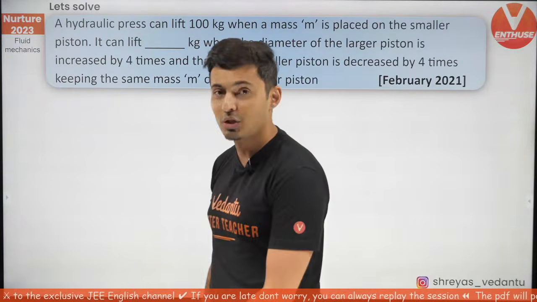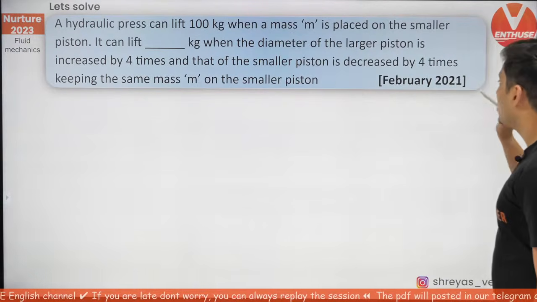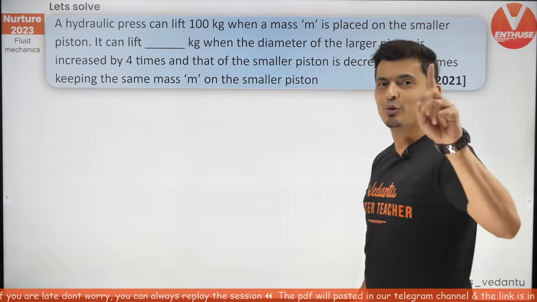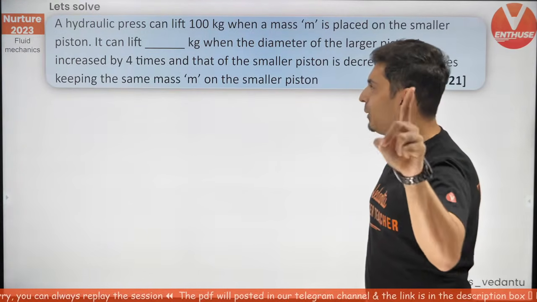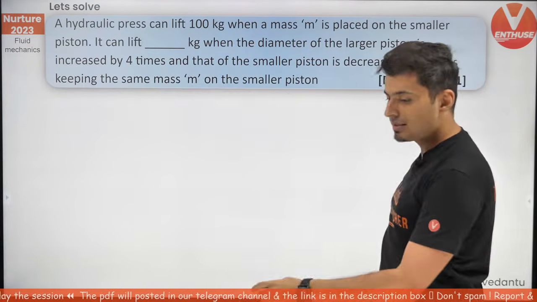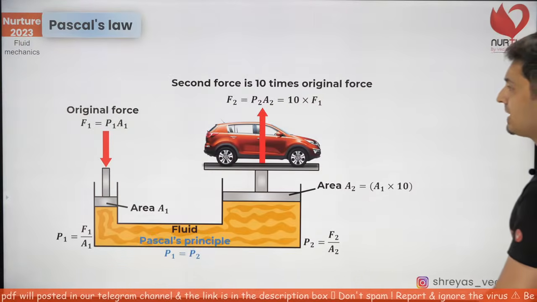Okay, here is the next question on Pascal's law. This was asked in February 2021, a previous year question. Let's see how many of you, if you are giving the JEE 2021 exam in February, can actually crack this. There is a hydraulic press, exactly the same diagram over here.